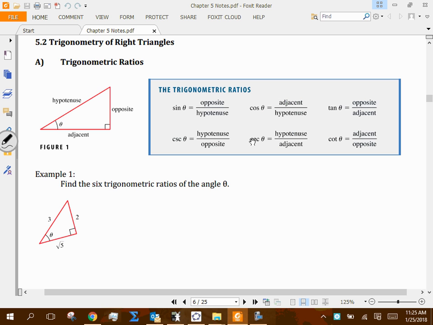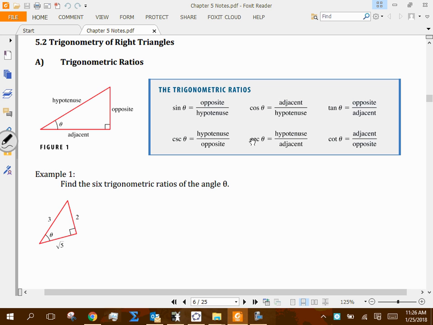Part of this course is looking at how our trig ratios all relate to one another, and all the different types of relationships that occur. These are what we refer to as the six trig ratios, and they are predicated off of an angle. So you have to first decide what angle you're looking at.